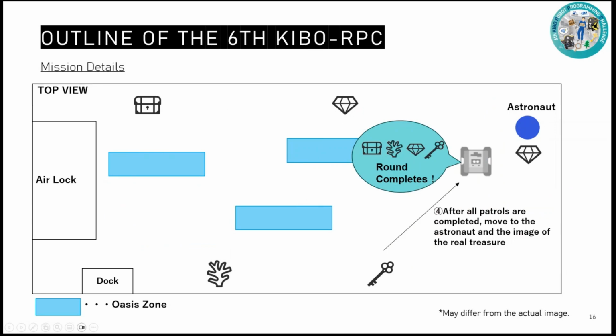After completing the entire patrol, participants will report to the astronauts on what was found and where. Then, by analyzing the image provided by the astronaut, participants will identify the real treasure. For example, if the astronauts show you the diamond, you have to go to the diamond.